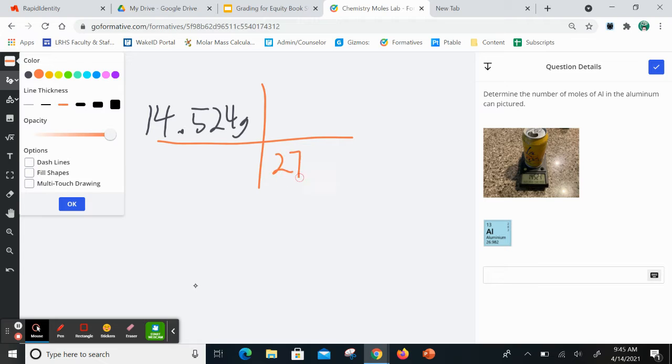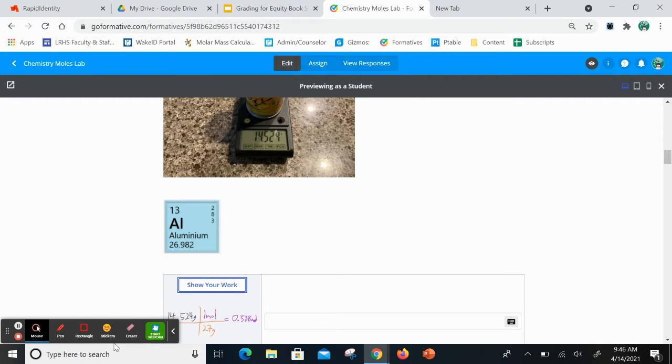So 27 grams in 1 mole. And that'll give us 14.524 divided by 27, 0.538 moles.